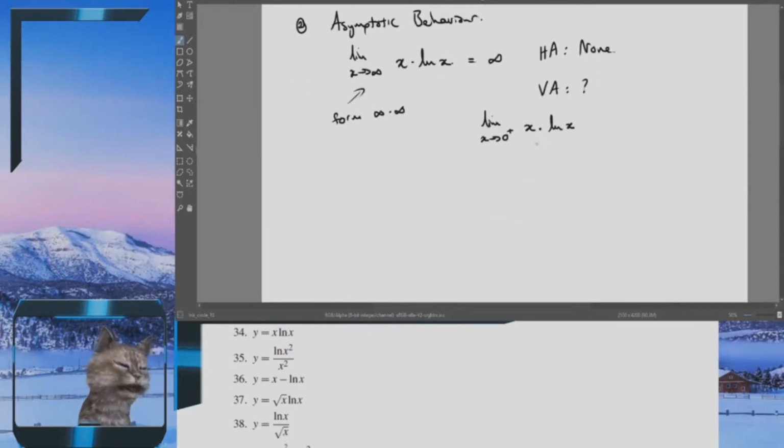Does it still go to infinity, plus or minus? This is a little bit more complicated than just checking in a rational function for a 0 denominator. What is the form of this limit? Well, x goes to 0, and log of x goes to infinity.